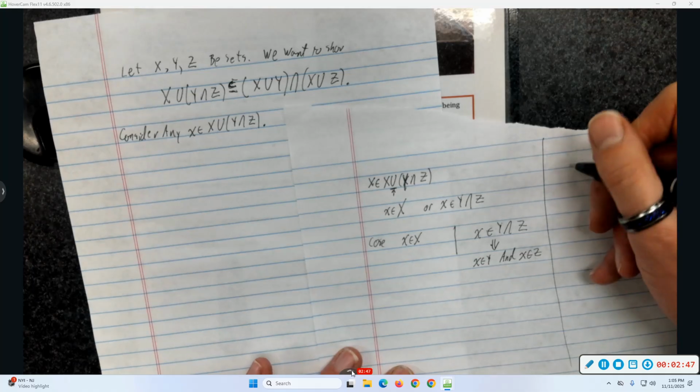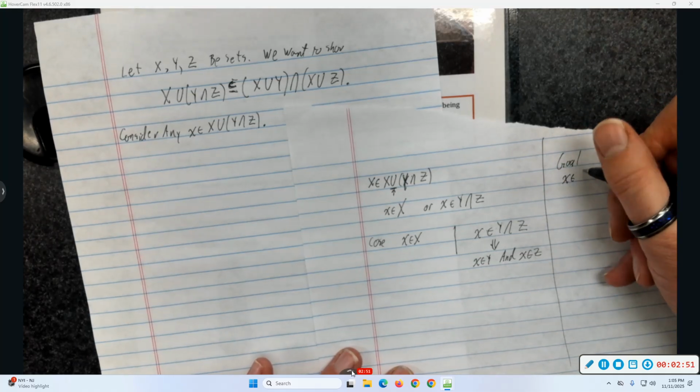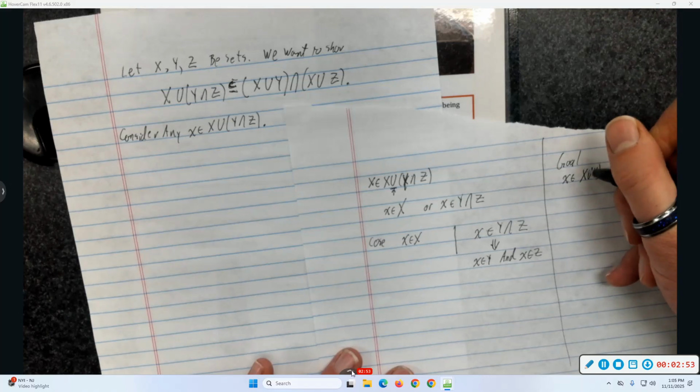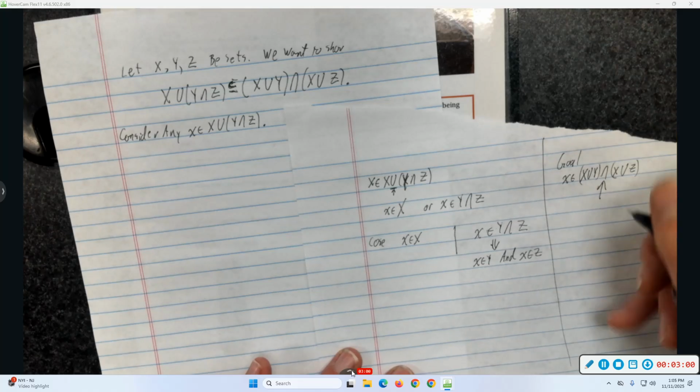And let's remember what the goal is. Goal: x is in (X union Y) intersect (X union Z). Oh, cool. So what's the goal really?